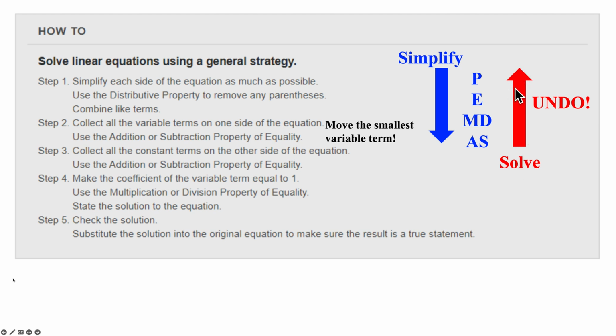So predominantly, we're going to undo what you see. If you see adding, you're going to subtract. If you see subtract, you're going to add. If you see multiply, you divide. If you see divide, you're going to multiply. So again, this concept of using the addition or subtraction property is the undoing process.